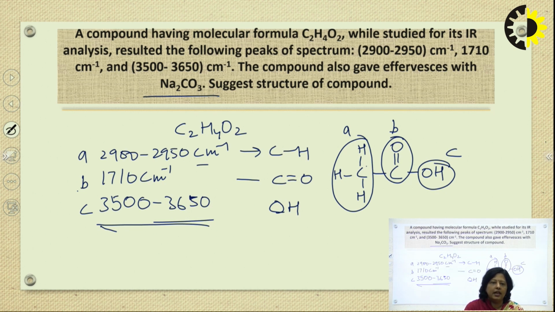Around 1700 is the average frequency of the C double bond O bond, and for CH we have learned the mean value of 3000. So, it is like that.